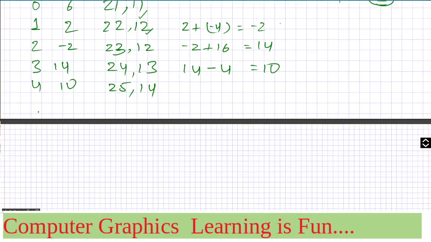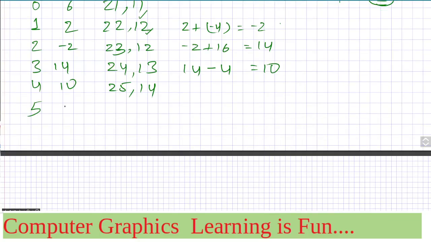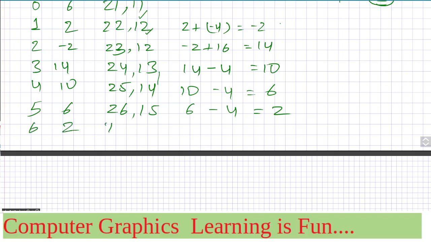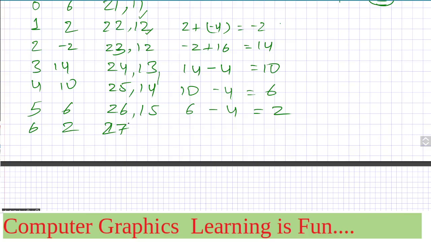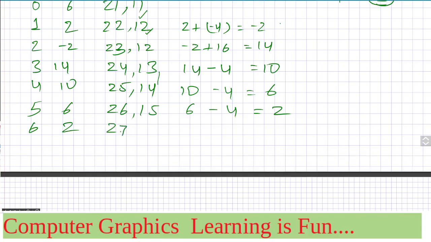So here for the fifth iteration it is still 10. Again it has increased, so 10 minus 4 is 6. It is still positive, 26 and 15. So 6, again minus 4, which is 2, and it will be 27, and it will increase, it will be 16.